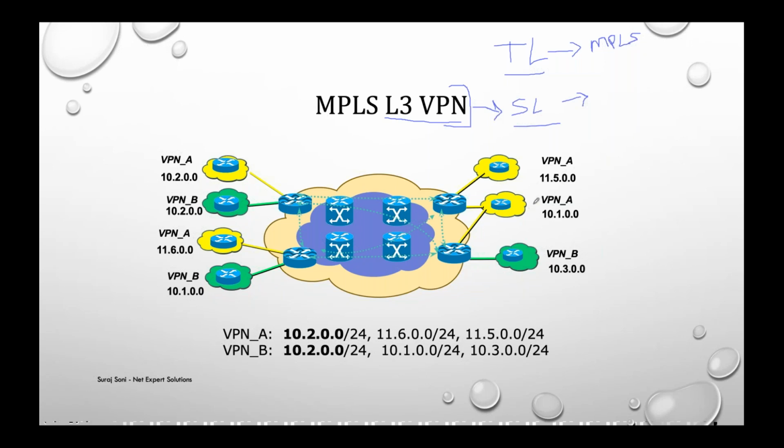So in our example, they need the identification of who is yellow, who is green. Maybe in a different kind of setup, they need some different kind of identification. So transport label will be used for swapping the packet inside the MPLS core, and service label is used by the service for their own internal identification.